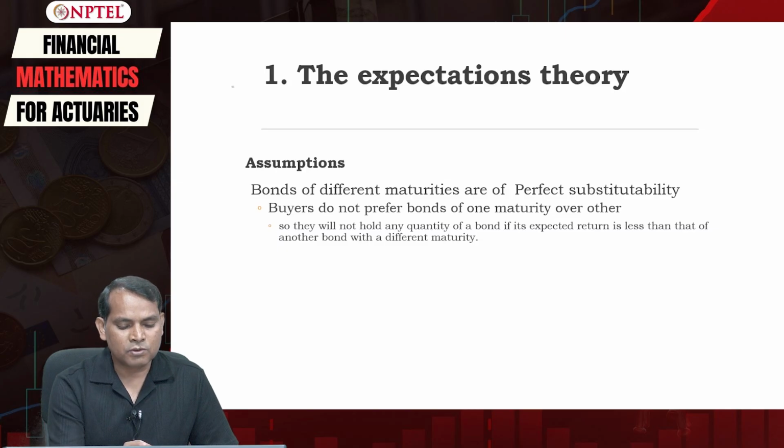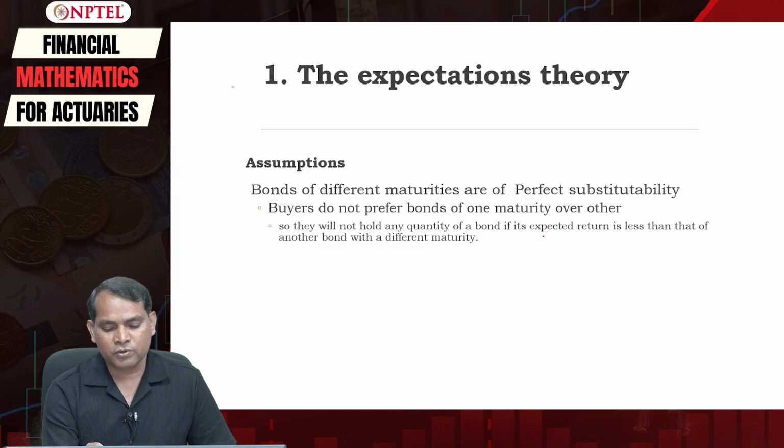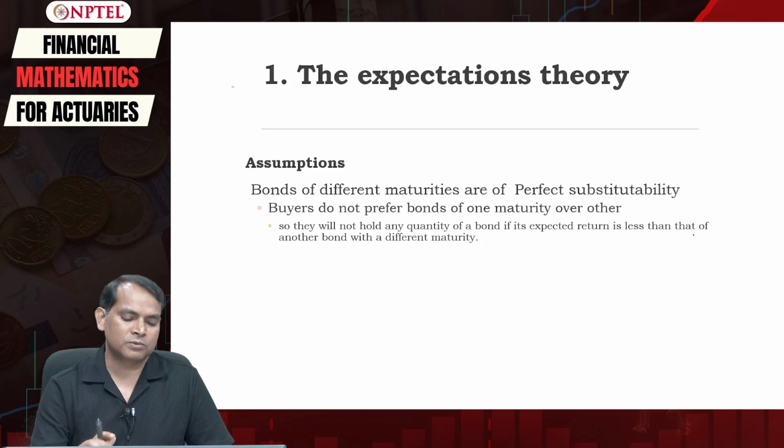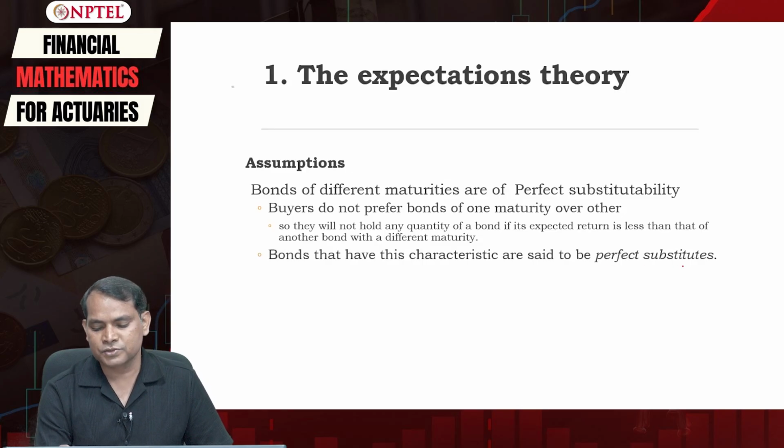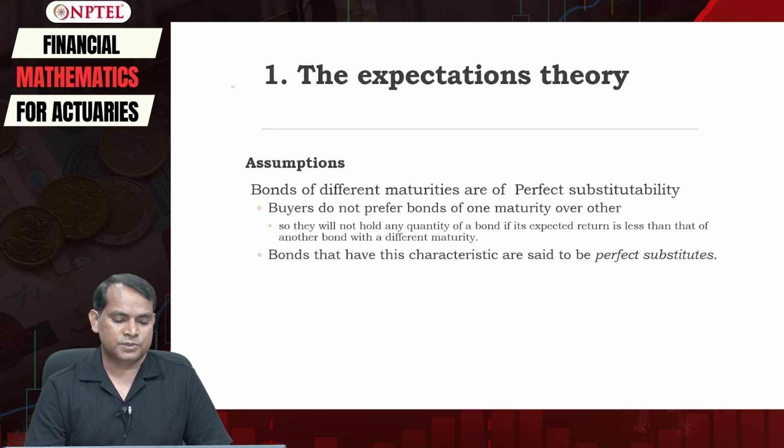So, they will not hold any quantity of a bond if its expected return is less than that of another bond with a different maturity. Okay, and therefore bonds that have these characteristics are said to be perfect substitutes.